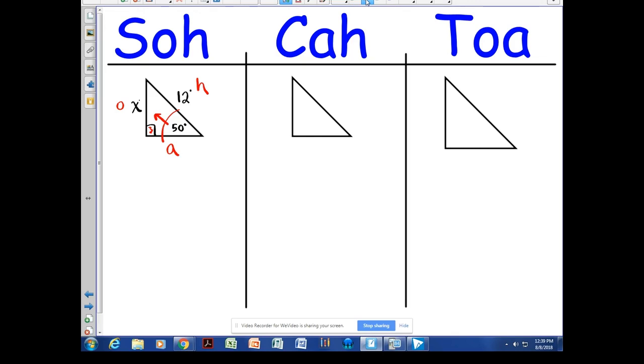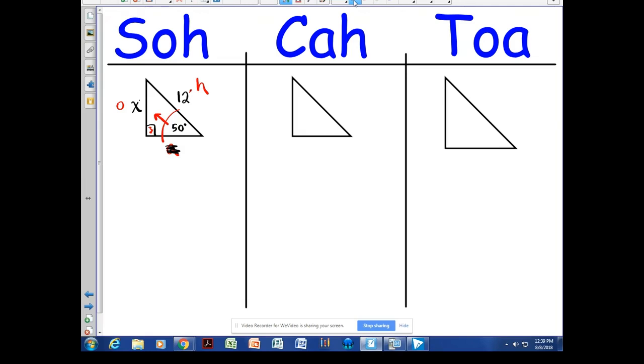Well, in this particular problem, I certainly need my O, because that's the side I'm looking for, labeled X. I certainly am going to use the 12, because they gave that to me, the 12 feet. So I'm going to be using my O and my H, and there's nothing down by the letter A, so I do not need my A, so I'm going to cross it out. And I see that I'm left with an O and an H.